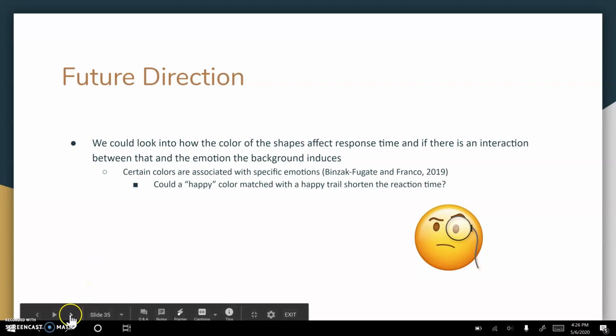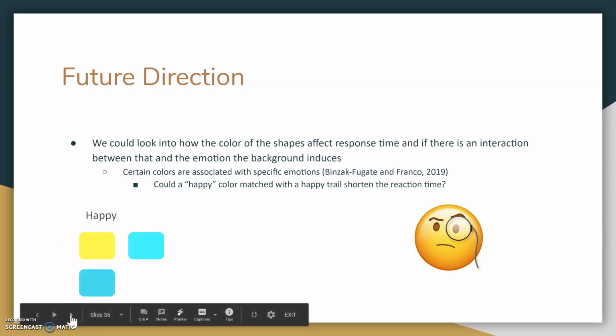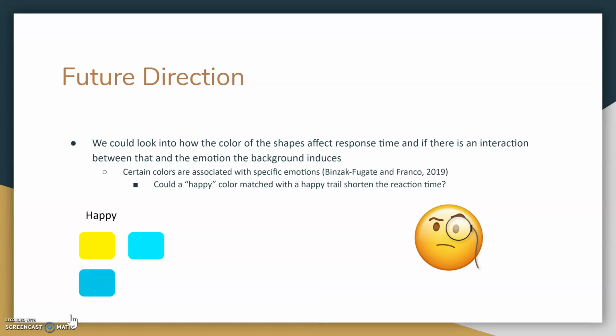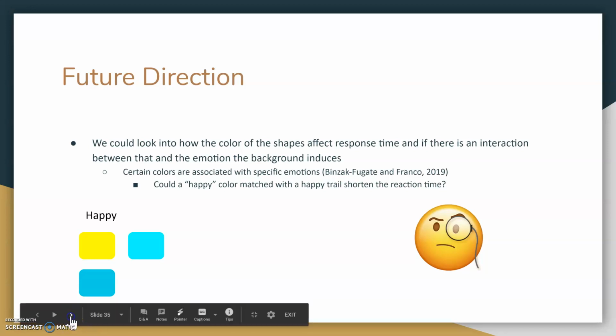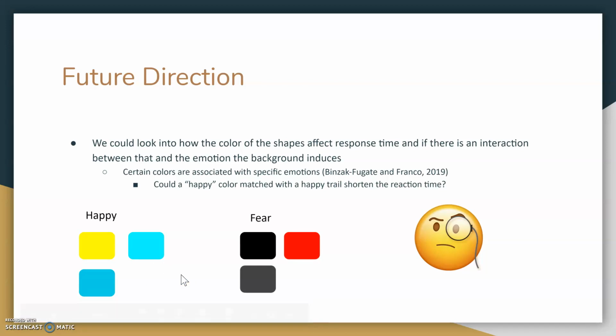There are certain colors that are considered happy, which according to the Binzak, Fugate, and Franco article I found is these two shades of blue and yellow. Or there could be a difference in the reaction times when there are colors that were associated with fear.